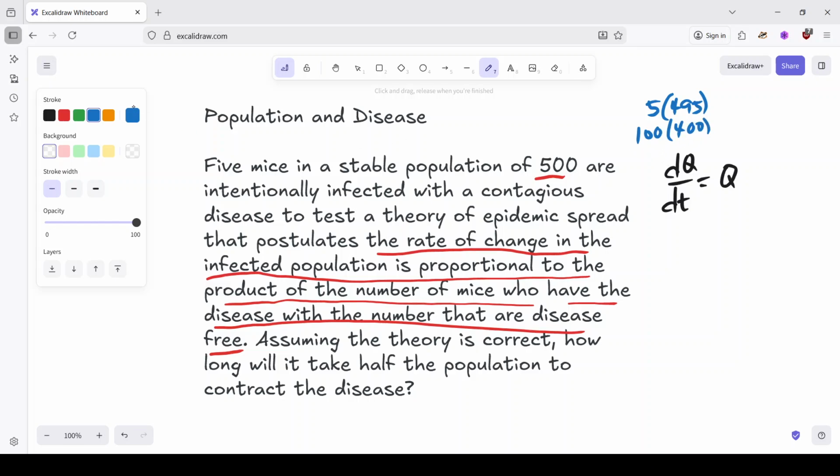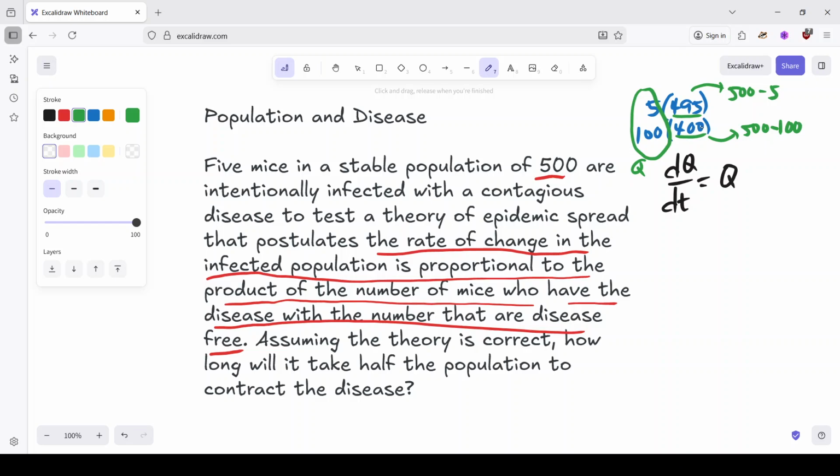Okay, so looking at the pattern on this side, this is our Q. So, this one is our Q. Looking at the pattern here, this one is 500 minus 5. This one is 500 minus 100.